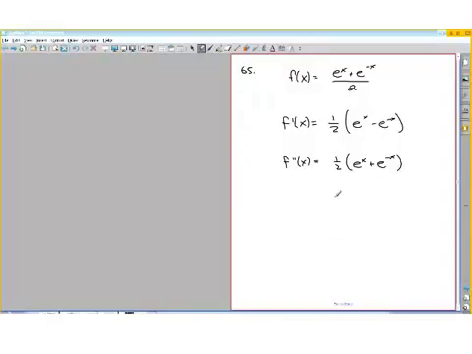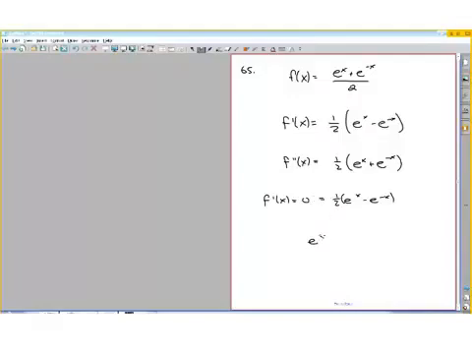Now all I have to do is set them equal to 0. If we say f prime of x equals 0, it's equal to 1/2 e to the x minus e to the minus x. We don't need to worry about the half, because if we divide by a half, this goes to 1, and 0 divided by half is still 0.